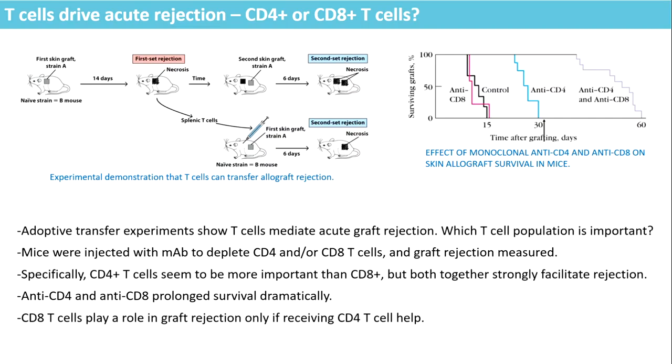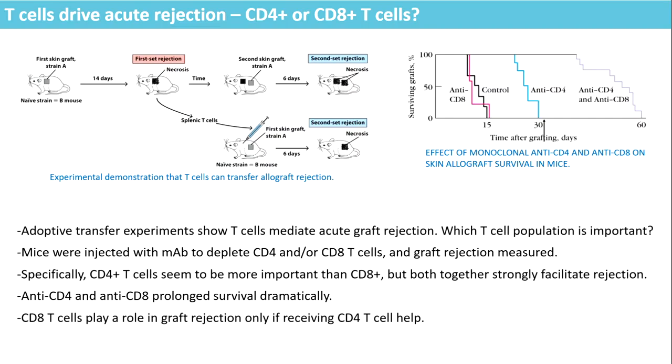They've used monoclonal antibodies to deplete either CD4 or CD8 T cell populations within a mouse that has had a transplant. The control is shown in black, then we've got anti-CD8 depletion shown in red, and anti-CD4 in blue. You can see that if we deplete the CD8 cells, we're not getting much difference from the control.